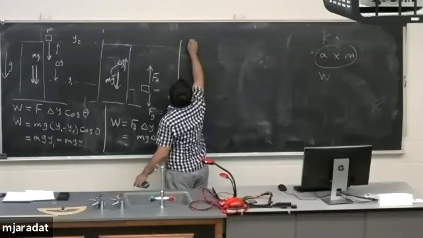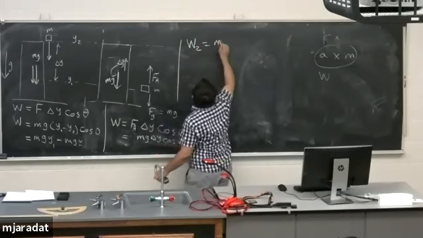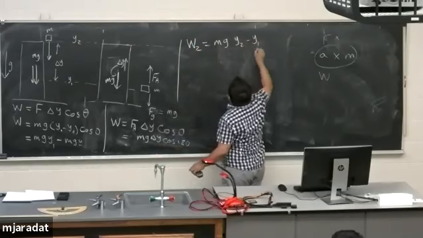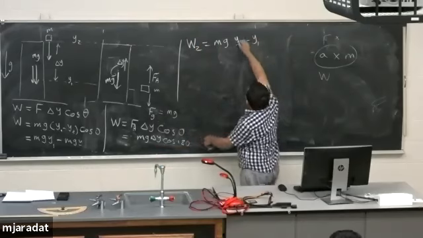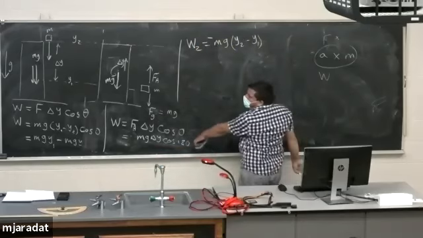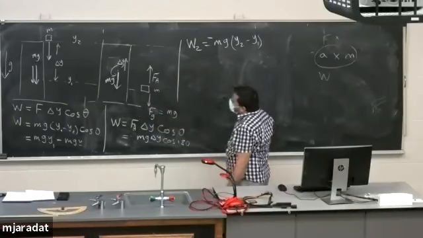Now the work in the second case is equal to mg (y2 minus y1) with a negative sign, because cosine 180 gives negative mg.